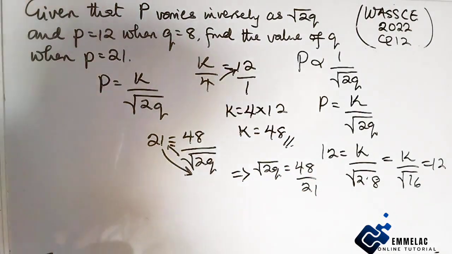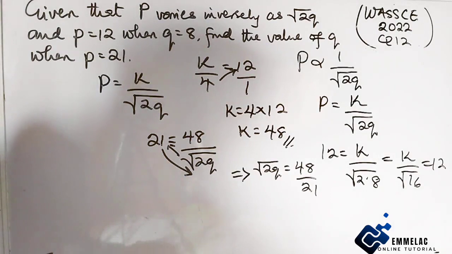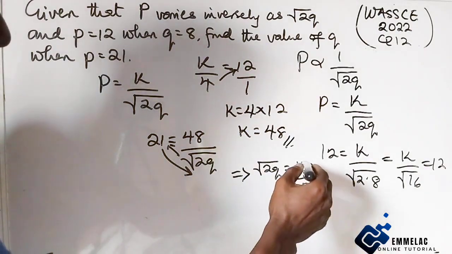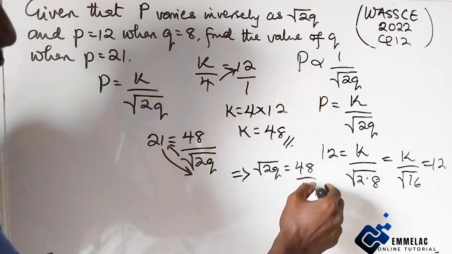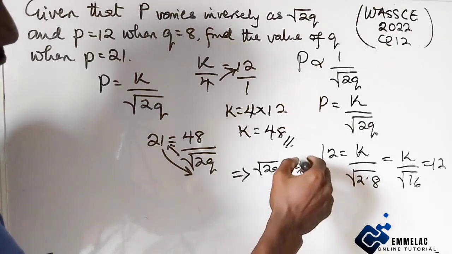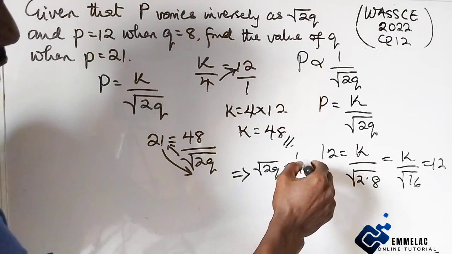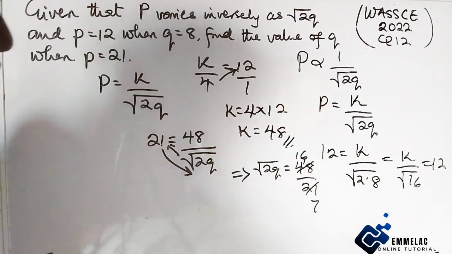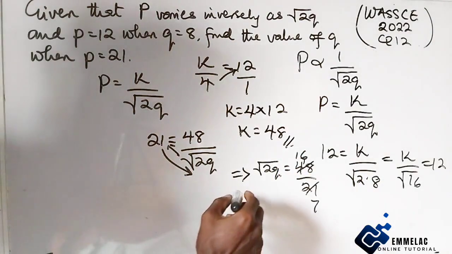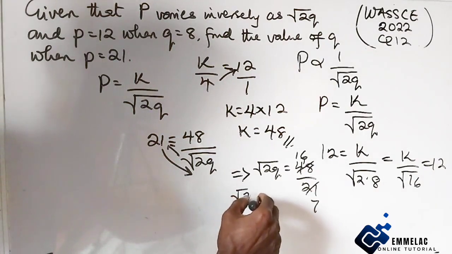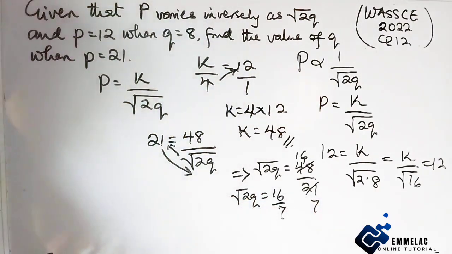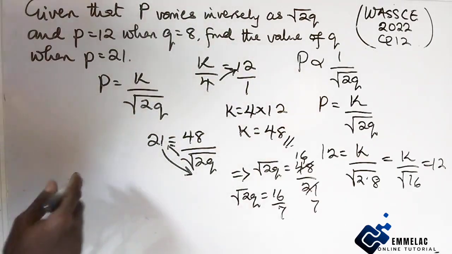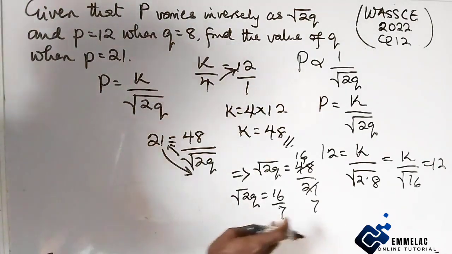So as such, 3 here 7, 3 here 16. So here we have the square root of 2q equals 16 over 7. From here, let us square both sides.